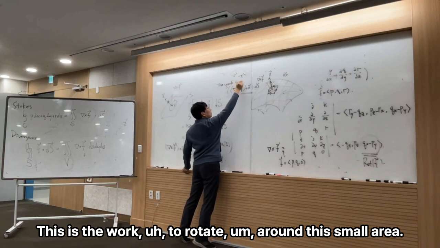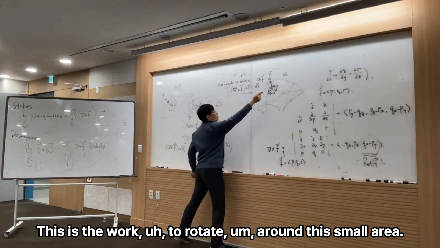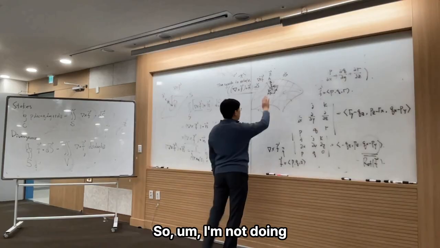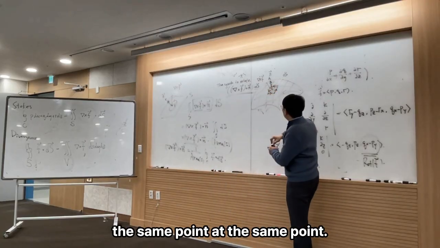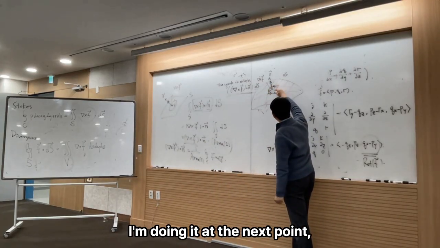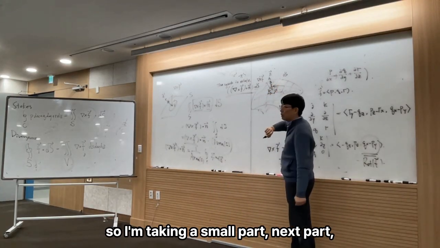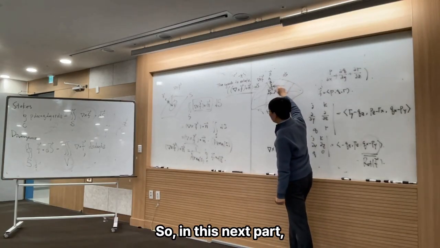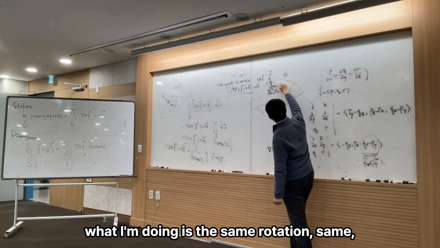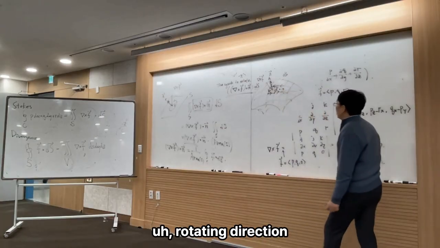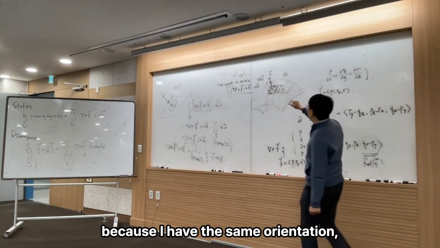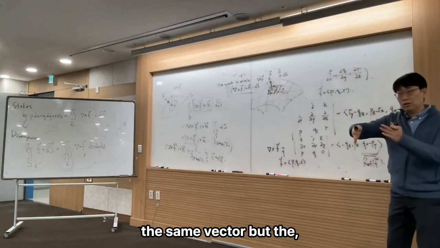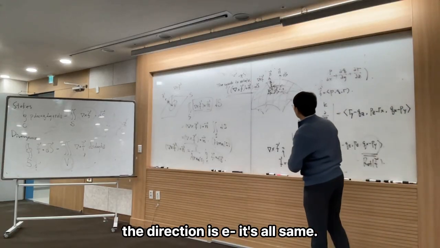I'm doing this for every point, at the next point, taking a small part, the next part, and the next part here. On the next part, I'm doing the same rotation, in the same rotating direction, because I have the same orientation. It's not exactly the same vector, but the direction is the same.